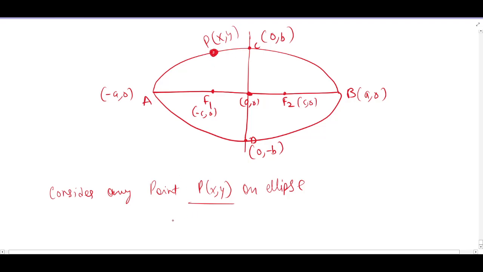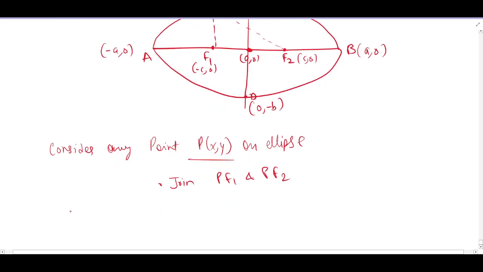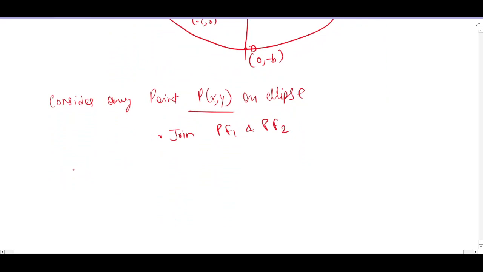Now join P to F1 and F2, so PF1 and PF2. Now consider two cases for point P and point B.